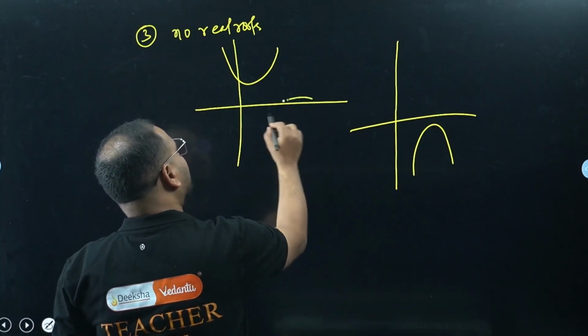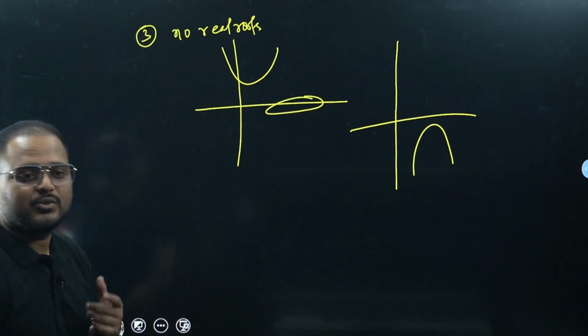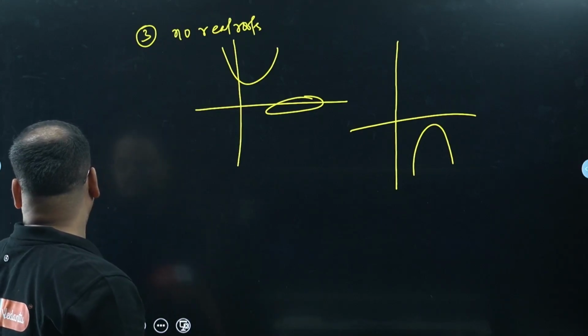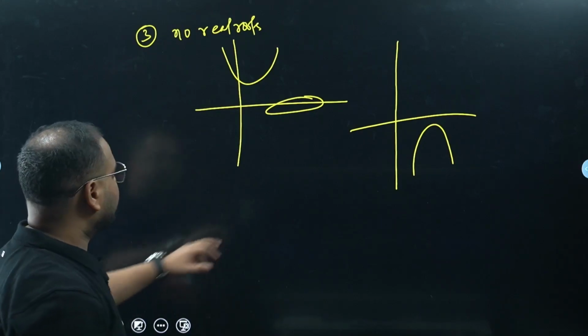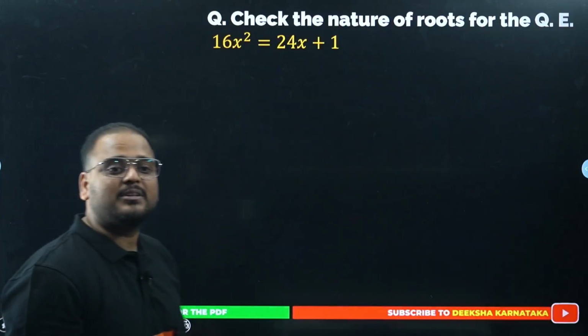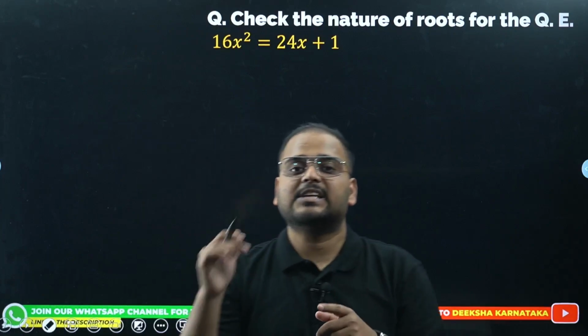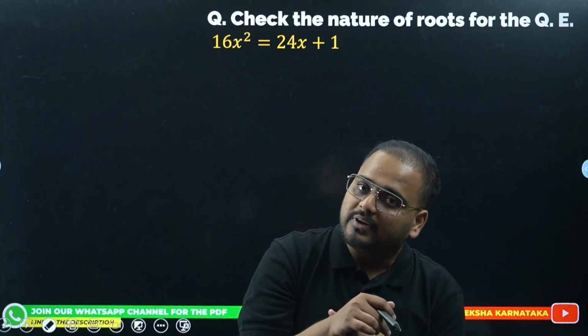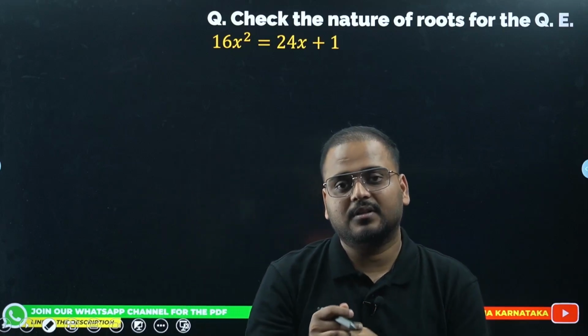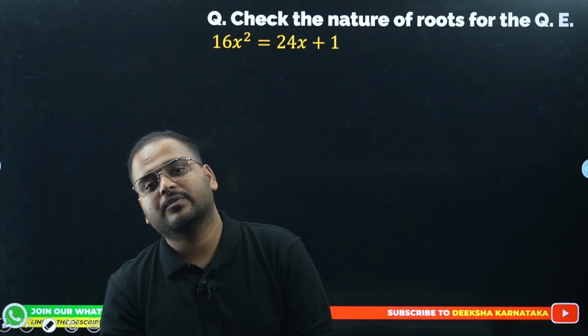There is no contact on the x-axis, so it means there is no real root in this case. Okay, I hope the graphical method is clear. We did 3 cases. Case 1 was both real and distinct. Second was equal but real. Third, there were no real roots.